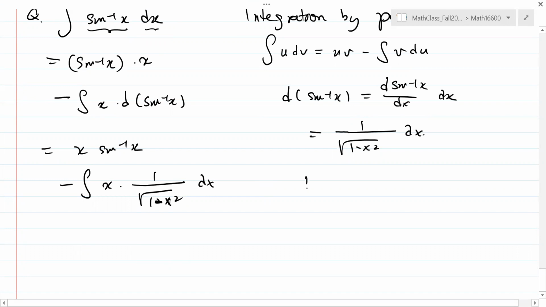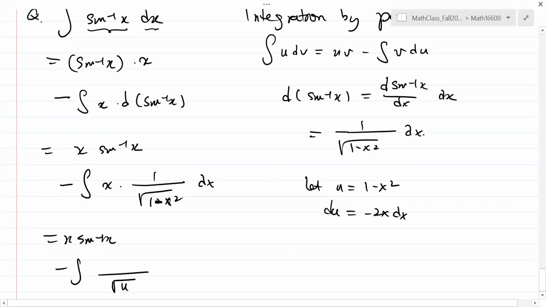Use substitution: you let u be 1 minus x squared, and du equals negative 2x dx. So this will be the square root of u, right? 1 minus x squared becomes u.